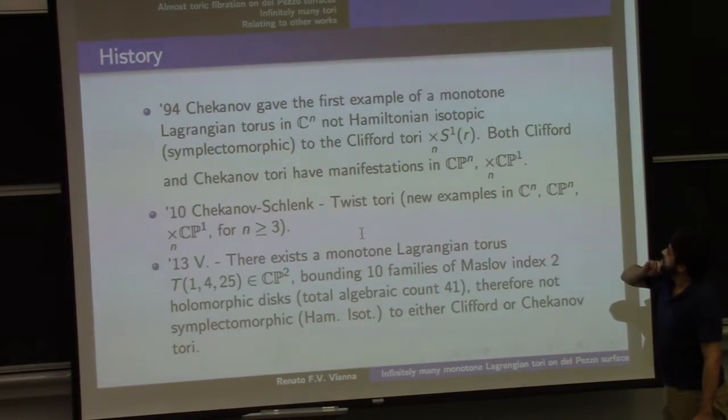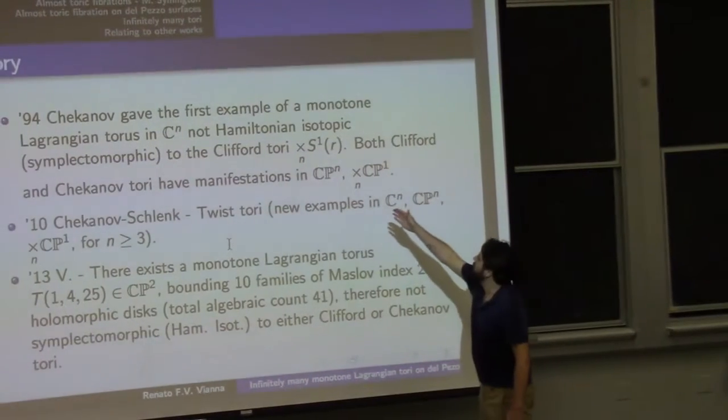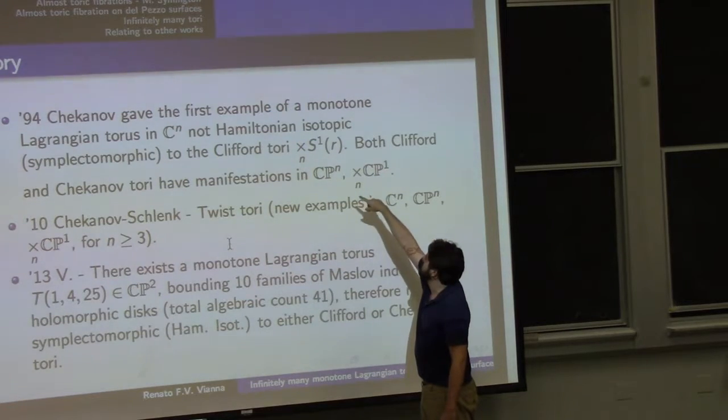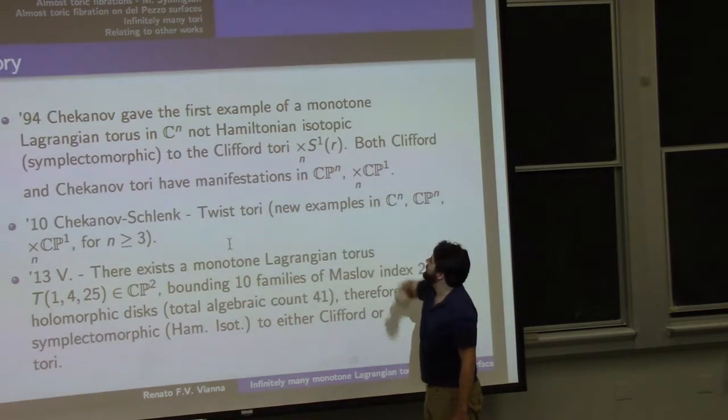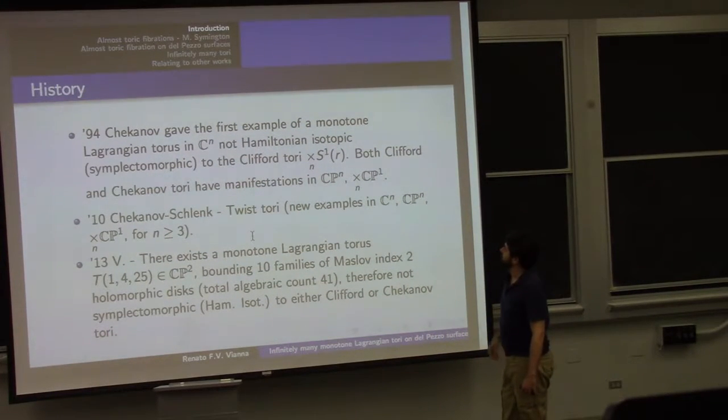In 94 was the first time that, since one of the main examples of a monotone torus is just the product of circles with the same radius inside Cn, Chekanov created a new example of a sort of twisted torus that is not Hamiltonian isotopic to this product torus.